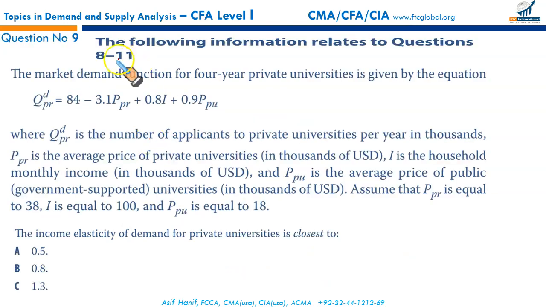Same data from 8 onwards to question 11. The income elasticity of demand for the private universities is given as income elasticity. So it means you're talking about this coefficient.